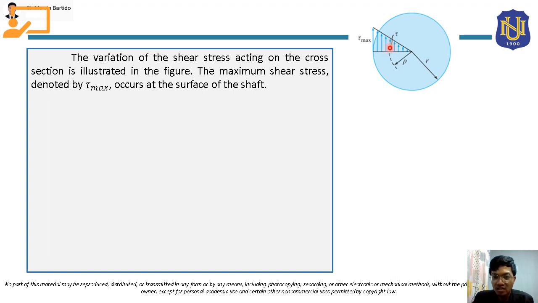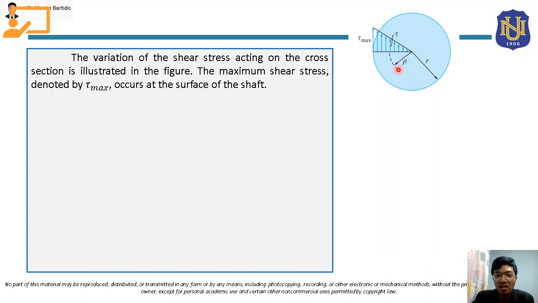This represents the shear stress at radial distance ρ. Now, you will notice that from the center, as the radial distance increases, the shear stress also increases, because as we have mentioned, the shear stress varies linearly with the radial distance ρ.